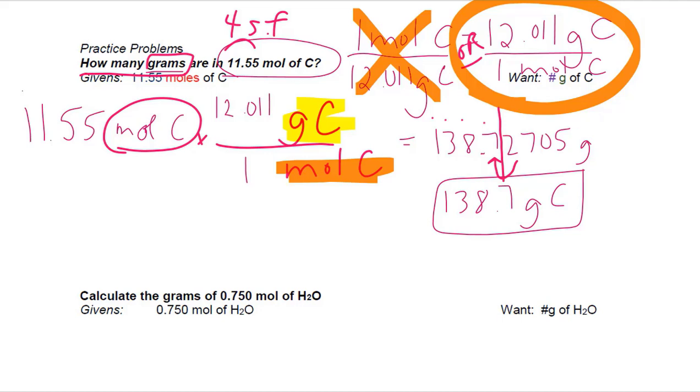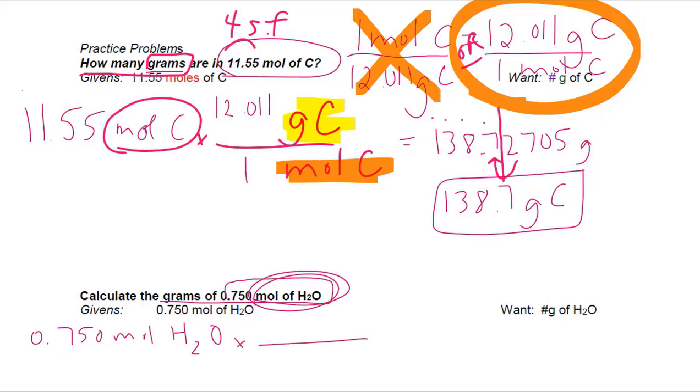All right, let's do another practice problem. Calculate the mass in grams of 0.750 moles of water. Okay, so let's start with our 0.750 moles of water. So we need to figure out for every 1 mole of water, what is the mass of that?